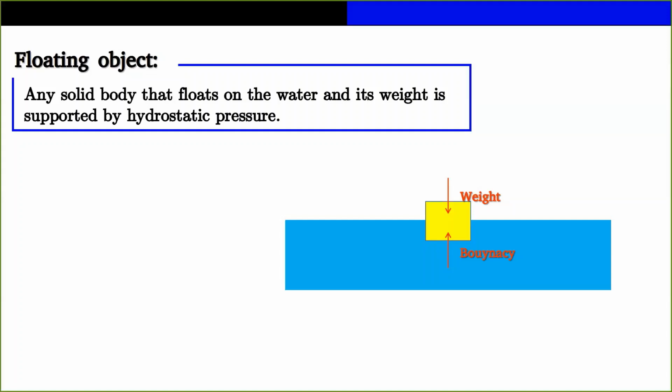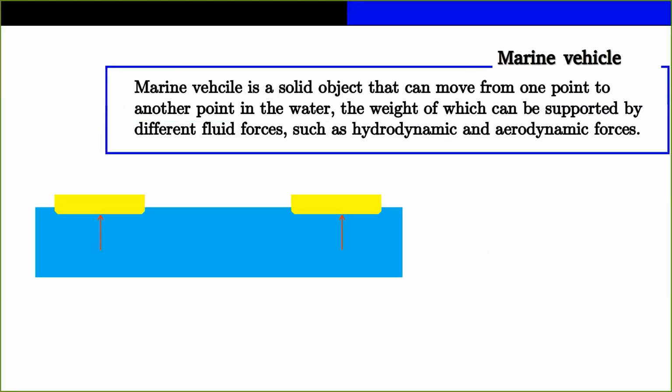So at the very earliest stage, now we've got the idea of the floating object. But let's get another idea about a marine vehicle. You might be familiar with it, but let's again get an idea about it.